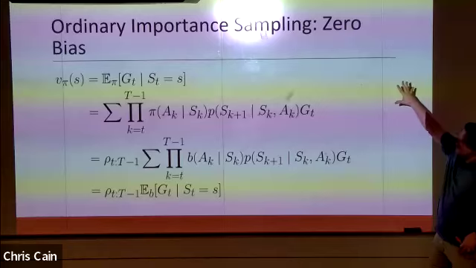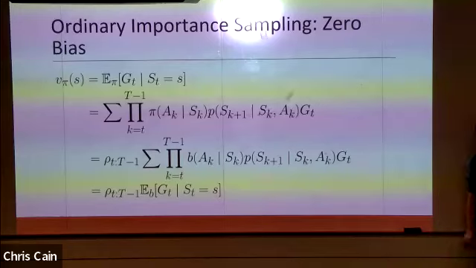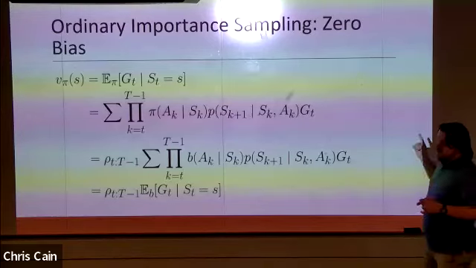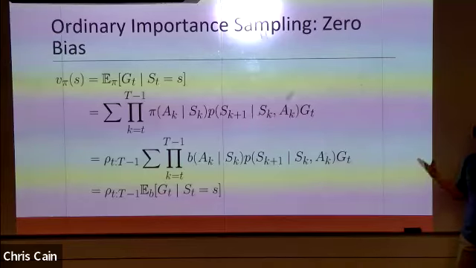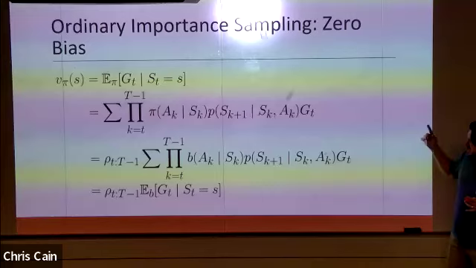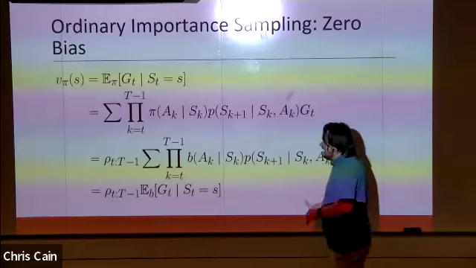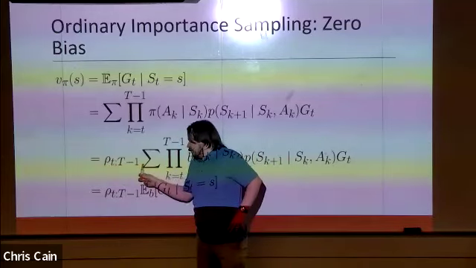So with importance sampling, with no bias, how do we come up with a Monte Carlo run with particular trajectories where we can learn what the difference is between the probabilities of those trajectories in between a behavior policy and a target policy? So remember that this is the importance sampling ratio right here.